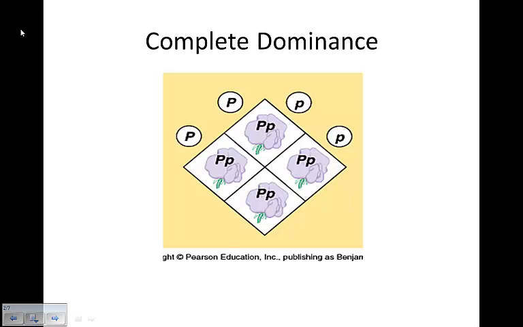Geneticists call this 100% penetrance, and so complete dominance. If there's a capital letter there, that's what you're going to see. You don't have to have two. You can have only one present, like we have with these, and you're going to see the dominance.